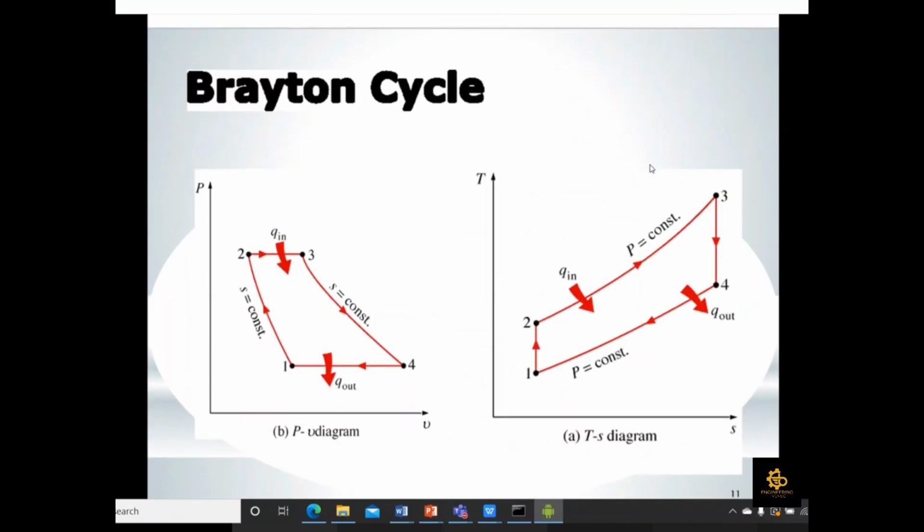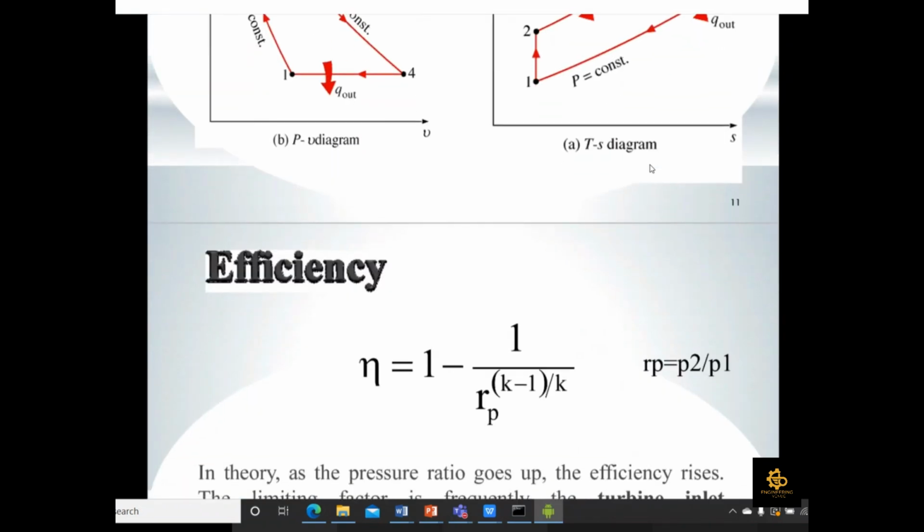Okay, so these are the Brayton cycle PV and TS diagrams, so that you can clearly correlate with it. Okay, so this you can go through by yourself.